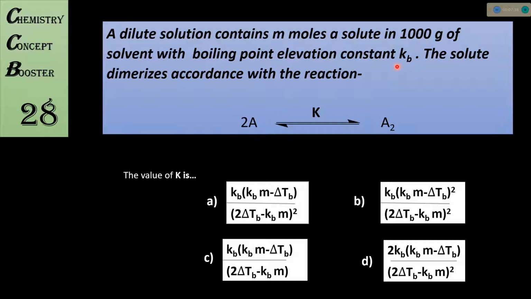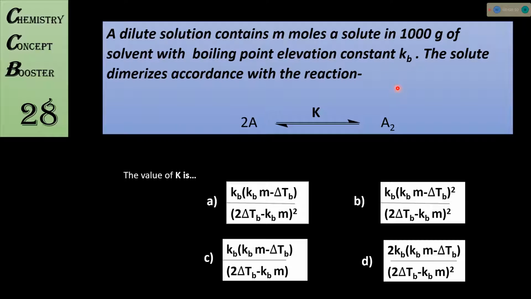1 molar is not 1 molal. 1 molar is 1 mole of solute in 1 liter, that is called molar, mole per liter. Sorry, not 1 gram, that is 1 mole.